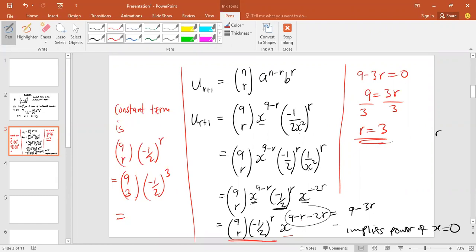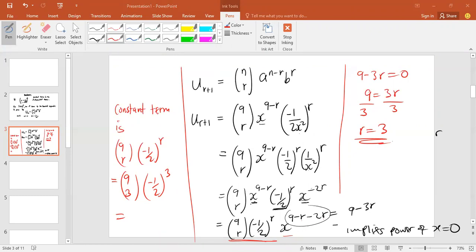It should be 84. Compute for me 9 combination 3. Oh, you don't use calculators. I've just remembered. So, no calculator for you.